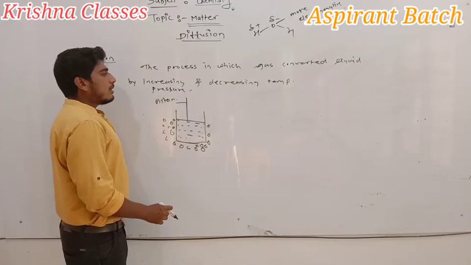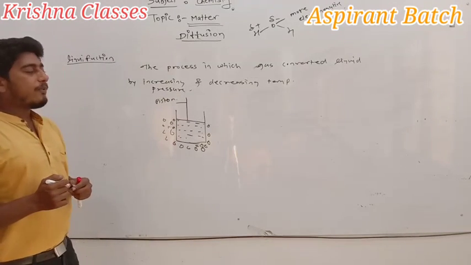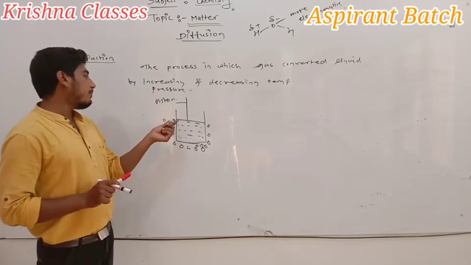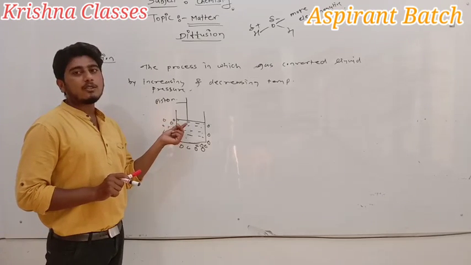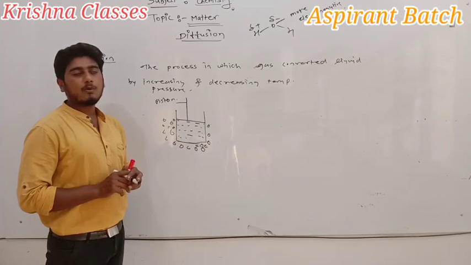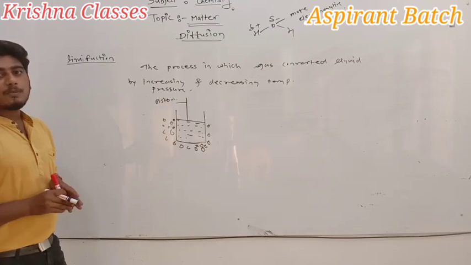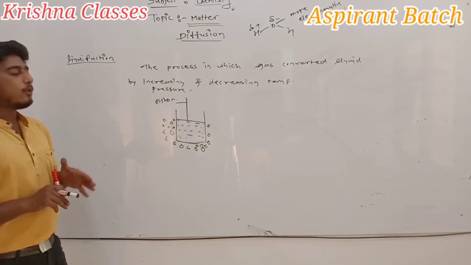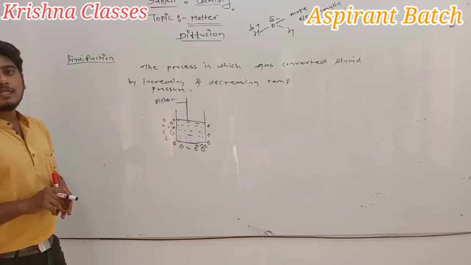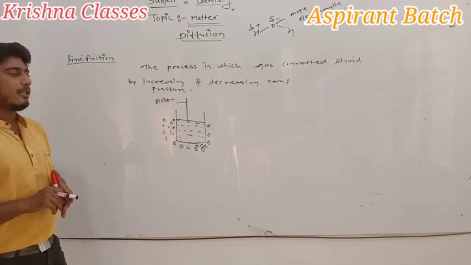The space between the particles of matter decreases. We know that in the gaseous state the distance between the particles is more, so the intermolecular force of attraction is less.